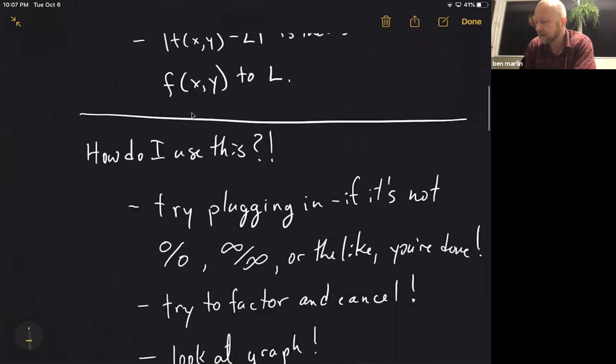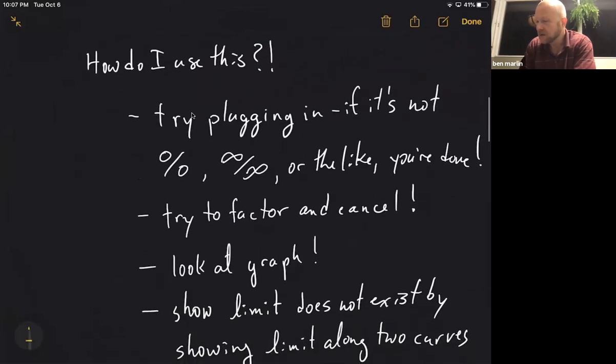So then your question is doubtless, what do I do? How do I use this? First thing is always plug in the numbers you were given. If it's 0/0, you got to do something. If it's infinity over infinity, you got to do something. But if it's not, you're just done.